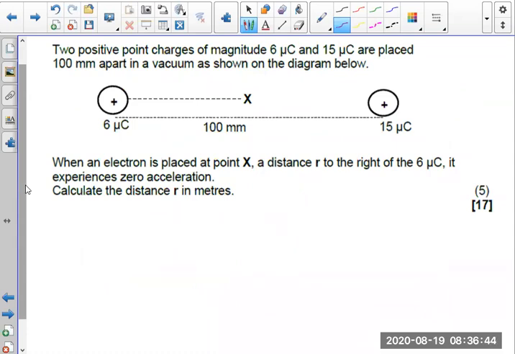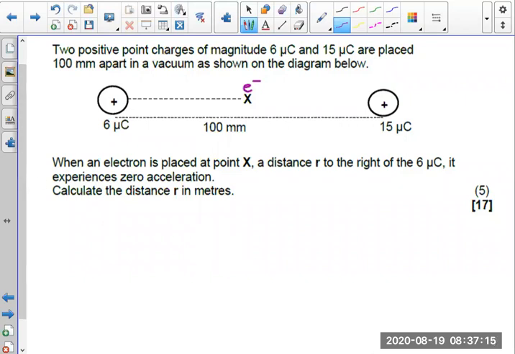Now they say when an electron, which is a negative particle, is placed at point X, which is a distance r to the right of the 6 microcoulomb charge, it experiences zero acceleration.